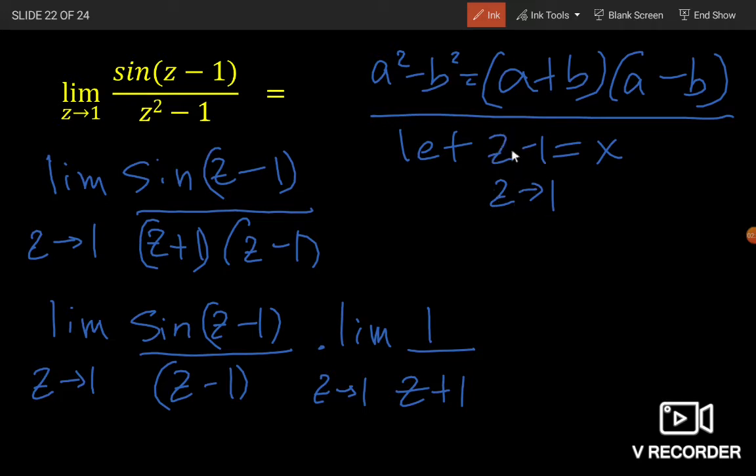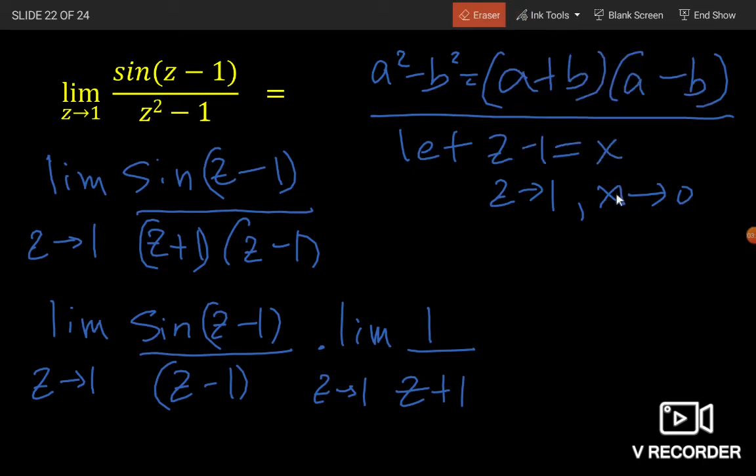As z approaches 1, this becomes 1 minus 1, which is equal to 0. So as z approaches 1, x approaches 0.